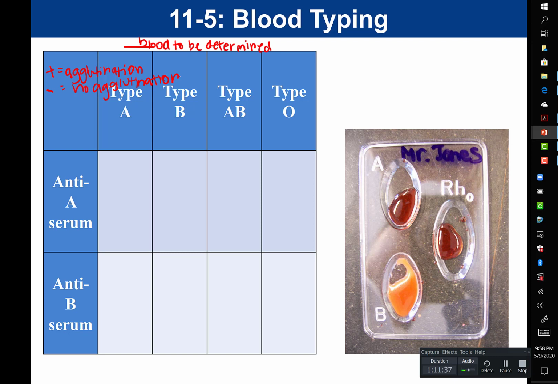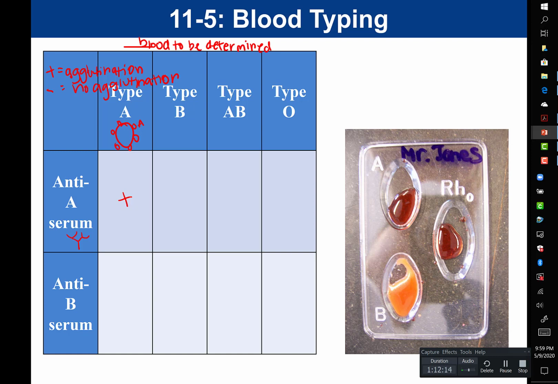The answer is yes, because this blood is going to have these A-type carbohydrates. The antibodies are rounded, and if we mix this anti-A antibody with the A blood, we are going to get agglutination because that antigen is on the blood.